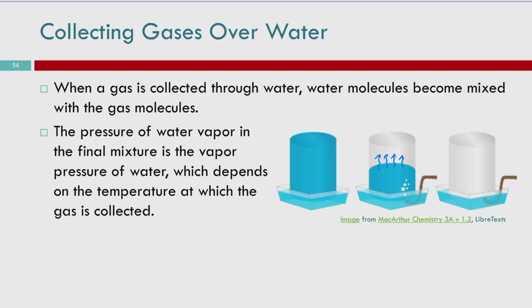So a little bit of that water is going to be coming up and turning into vapor. And so the mixture of gases in here is going to be the gas that we're collecting, but there's also going to be water molecules mixed in there. So there's going to be a little bit of water vapor in there, and that's why we need that law of partial pressures. I believe we'll be doing this in at least one lab.